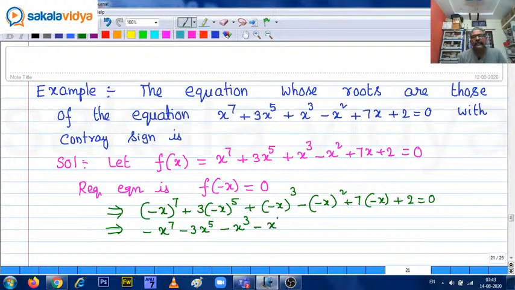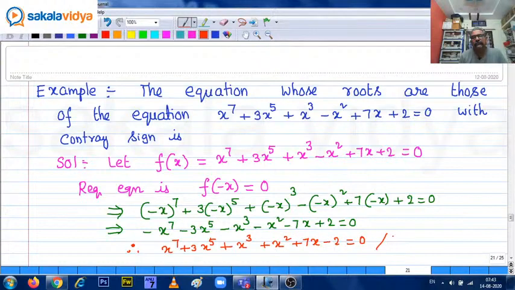So minus x square minus 7x plus 2 is equal to 0. Once again multiply by minus 1 on both sides. So we get x to the power of 7 plus 3x to the power of 5 plus x cube plus x square plus 7x minus 2 is equal to 0. That's our answer.